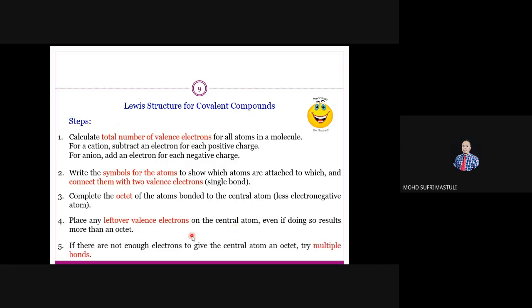If, after you calculate the number of valence electrons around the central atom, you found the valence electrons are not enough to achieve the octet, which is 8 valence electrons, you have to change from single bond to multiple bonds. Multiple bonds mean double bonds or triple bonds.